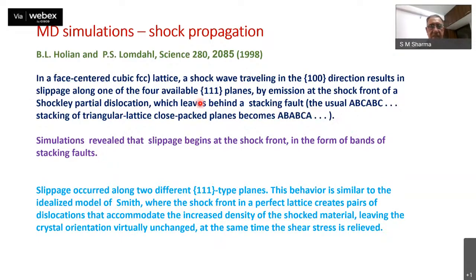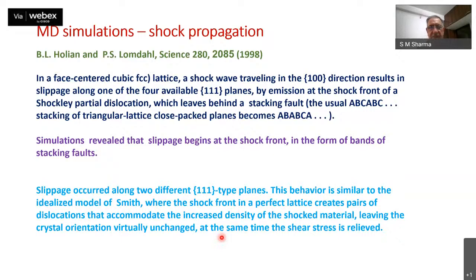So these are the MD results which showed that at the shock front along the cubic axis, there is a generation of stacking faults. The simulations revealed that the slippage begins at the shock front in the form of bands of stacking faults, and slippage also occurred on different types of 111 planes.